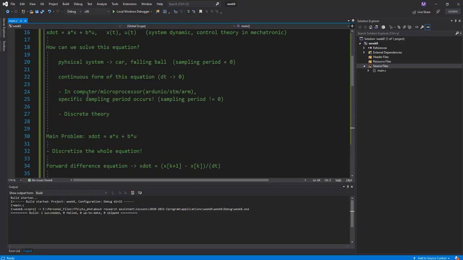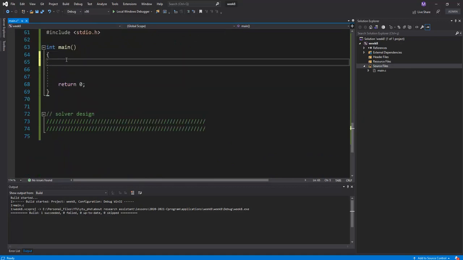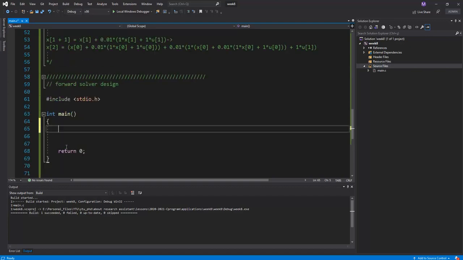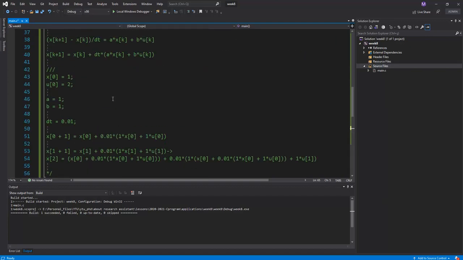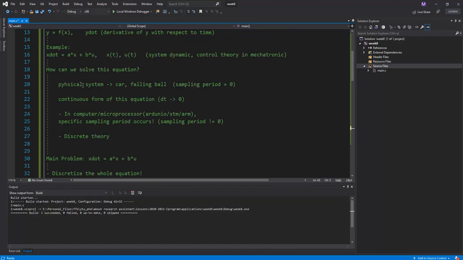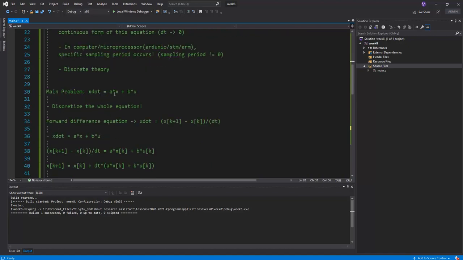Okay, and so firstly we need to define the variables that we are using in the system or the main function block. Okay, and so the definition of the system means the car or falling ball, but in math we should describe these physical systems by the equation, or in physics the equation of motion.